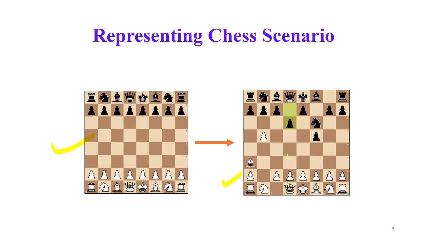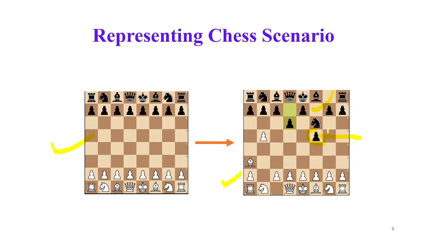Each state is represented as an 8 by 8 board, an array where each position holds a symbol. It might be an empty square, or every symbol has its own position. So the initial position was here and it has now moved to here. The goal state is any board configuration in which the opponent does not have a legal move, which is called the goal test.